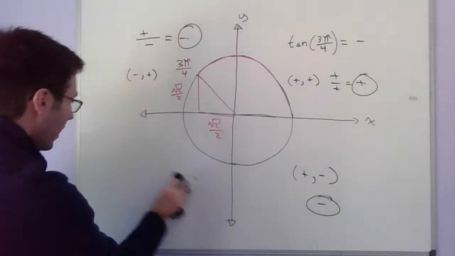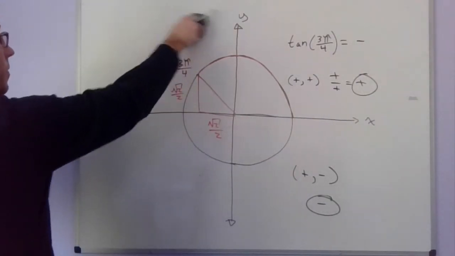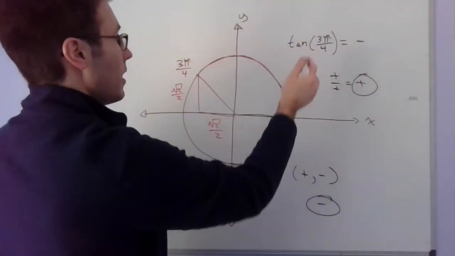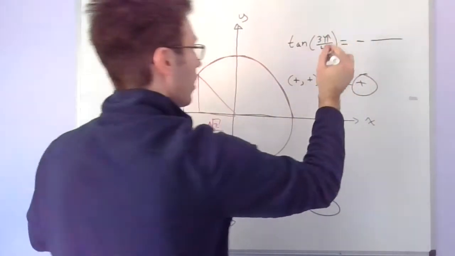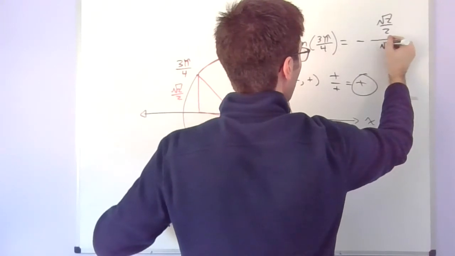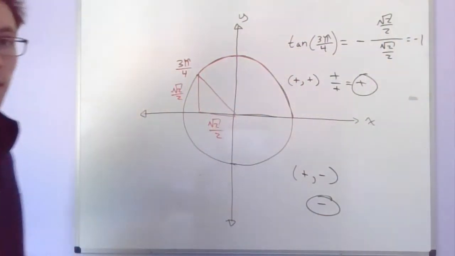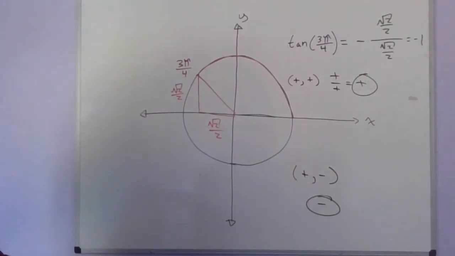Think about what sine and cosine are. So it's going to be negative, and then sine and cosine here are both square root 2 over 2. So our answer is going to be equal to negative 1 right there. The tangent of 3 pi over 4 must be equal to negative 1.